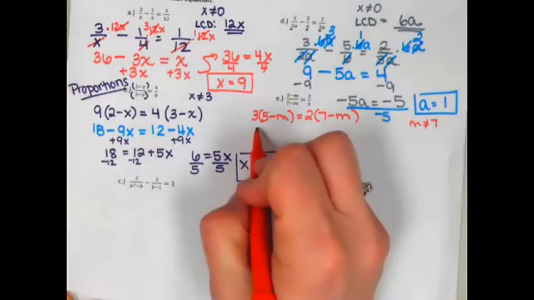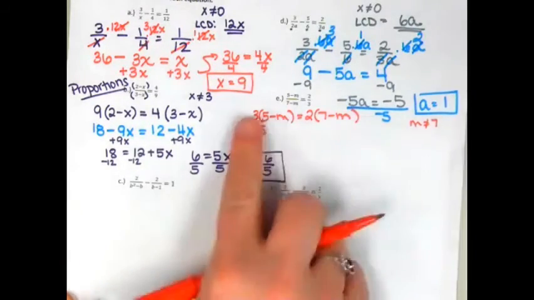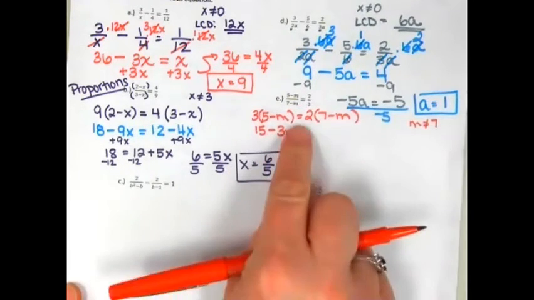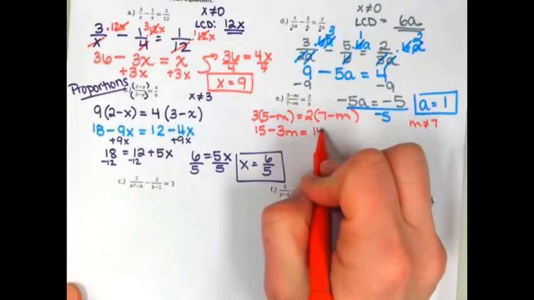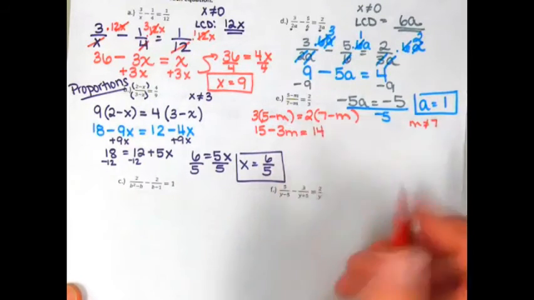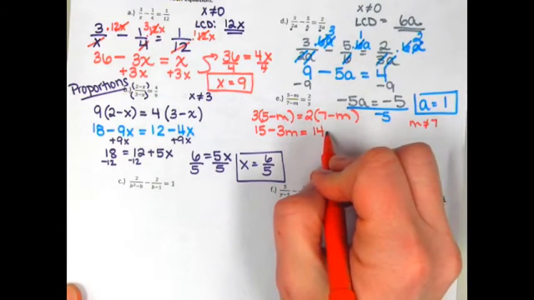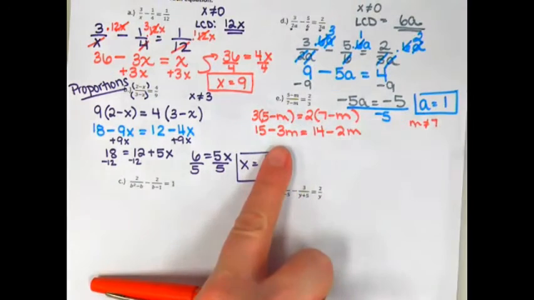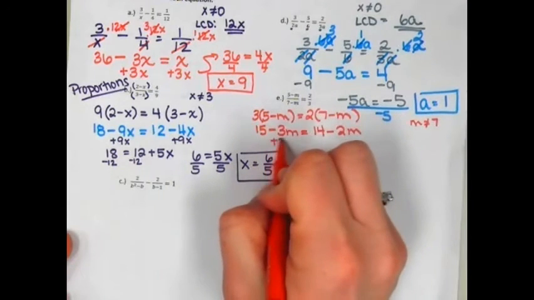3 times 5, 15. 3 times the negative m. Good. 2 times 7. And 3 times negative 2m. Or 2 times negative m. Negative 2m. I don't know what I was doing. All right, how do I move the 3m over? Add it.